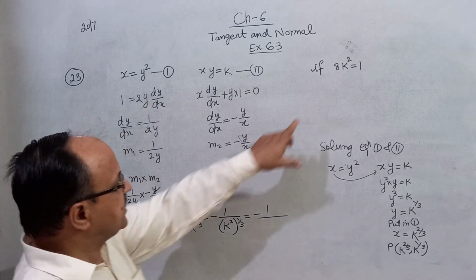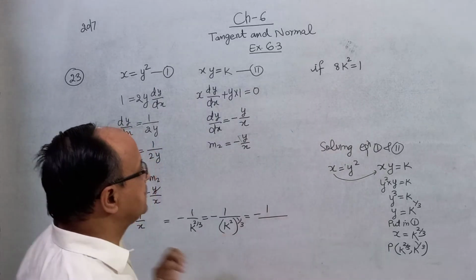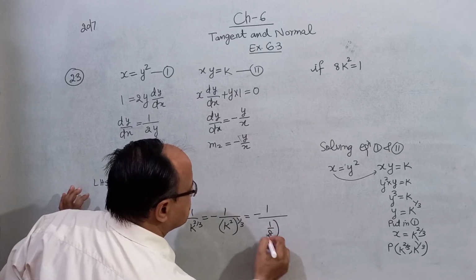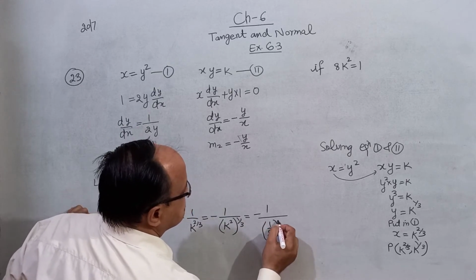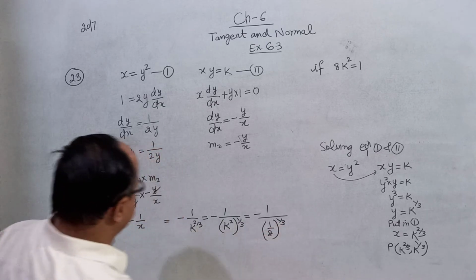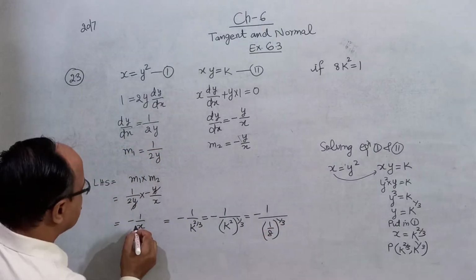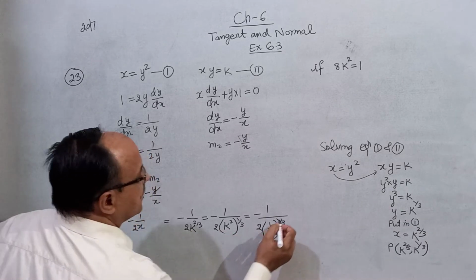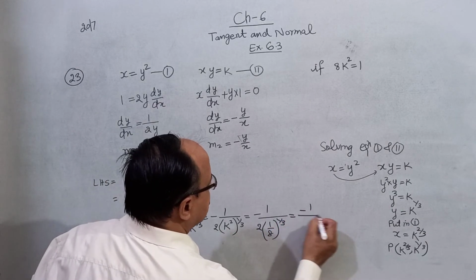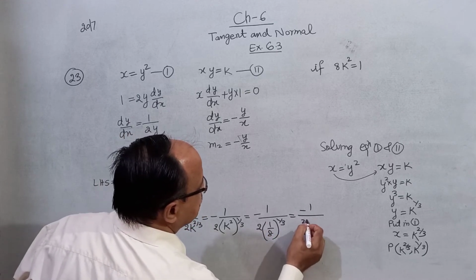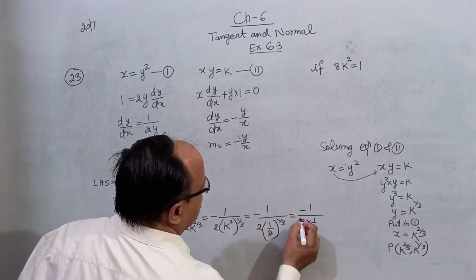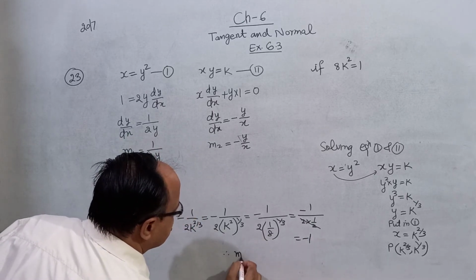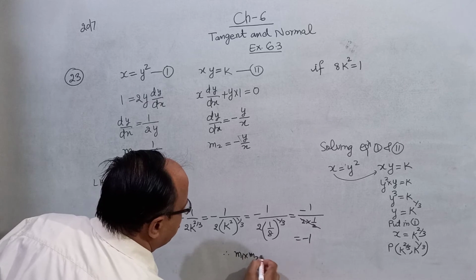Put the value of k square, 1 by 8, 1 by 8 whole to the power 1 by 3. When you simplify, minus 1 upon, this is equal to 2 into 1 by 2. It means minus 1. Therefore, you can say m1 into m2 is equal to minus 1.